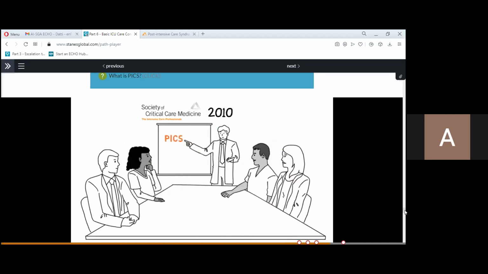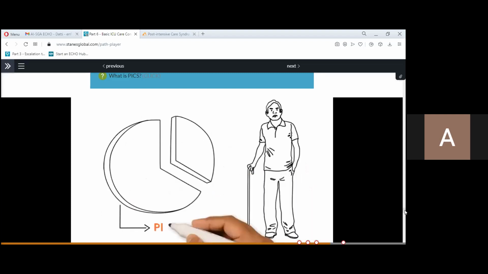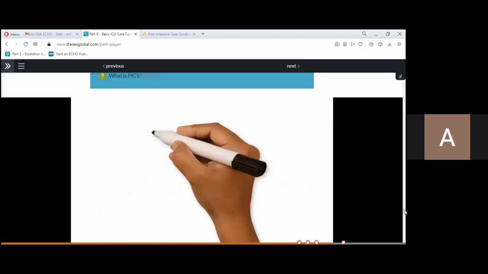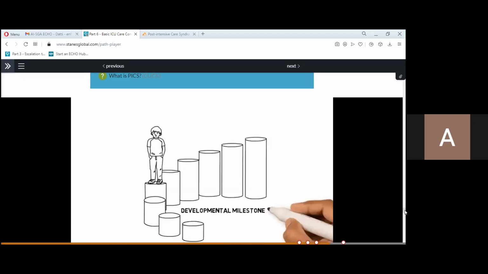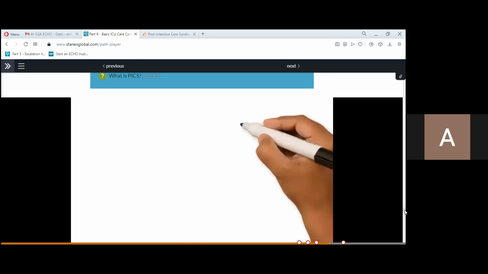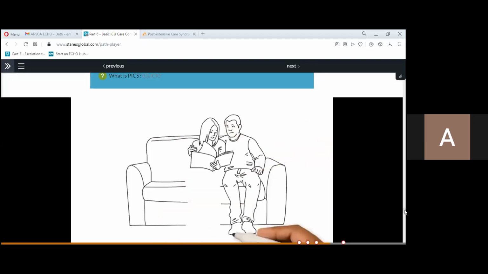PICS includes new challenges to the brain, body, and emotions, and is seen in more than half of critical illness survivors. Children surviving critical illness often have similar problems, such as delayed developmental milestones, learning problems, and sadness. Families and friends are also affected. For example, James' persistent problems led to his wife giving up her job to be his caregiver.